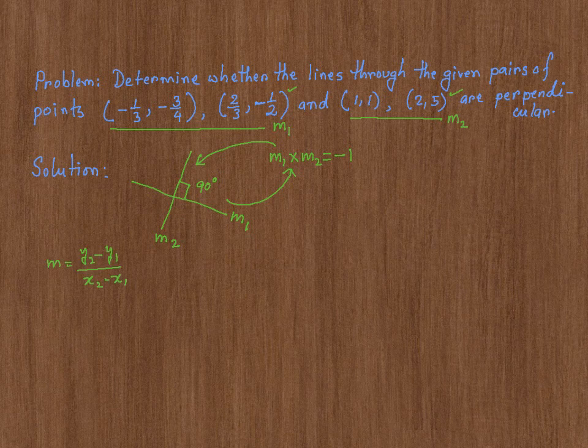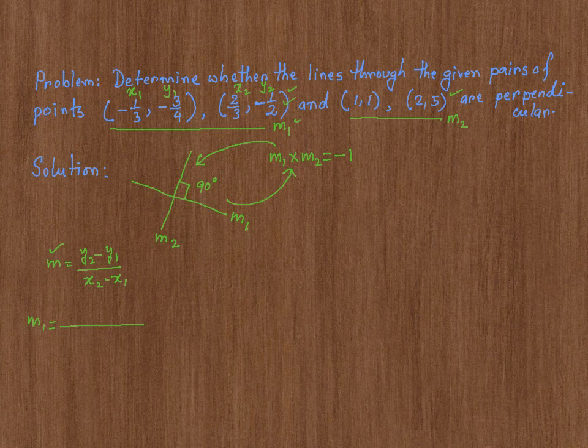Now we are going to use the slope formula. M is equal to y2 minus y1 divided by x2 minus x1, and find M1 first. And let me label this point x1, y1 and this point x2, y2. Now my M1 is going to be y2 minus y1.